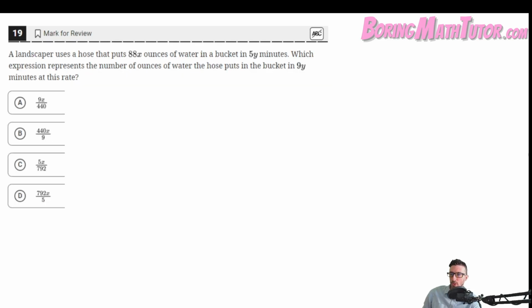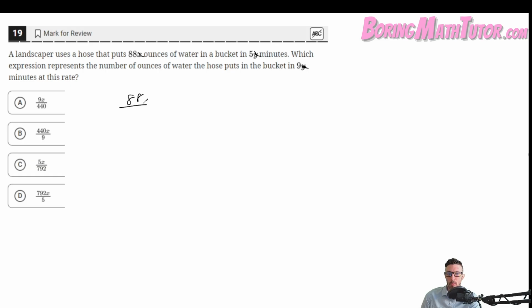All right, this problem is a little hard to wrap your head around because of all these variables. So imagine if these variables weren't there. Just pretend that it was saying that we're going to put 88 ounces of water in a bucket in 5 minutes. Well, then how many ounces of water would the hose put in a bucket in 9 minutes? How would you do that?